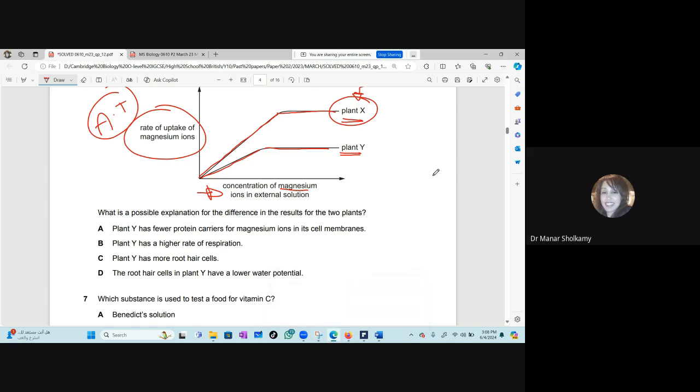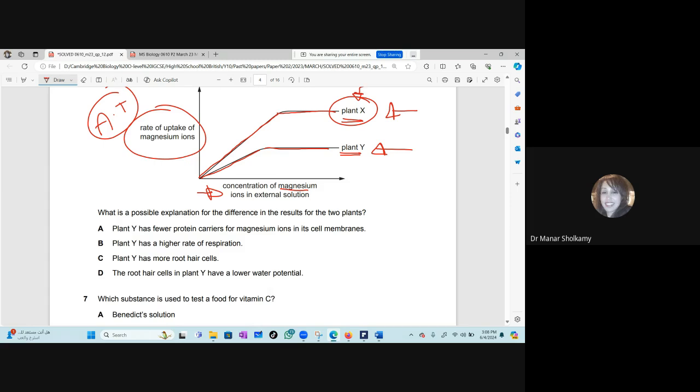Yes, okay. Now, from the graph, it is obvious that plant X had a greater uptake. And we said that plants take in ions by active transport. So plant X had everything suitable for active transport. It has more energy, more carrier proteins, more mitochondria. Plant Y did less uptake, so it will have less of the things needed for active transport.